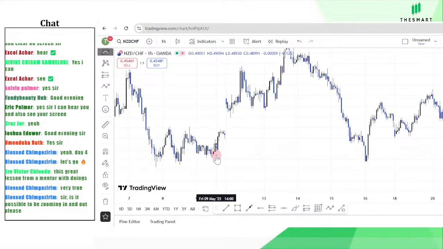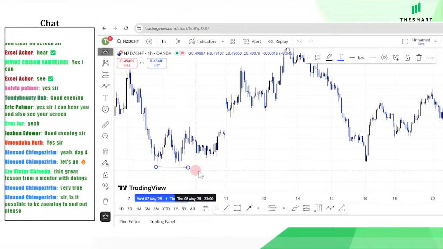At this point, we had this candle wick here at the down part, and we have this high, and there was no valid break at this point. Next, we had this point.